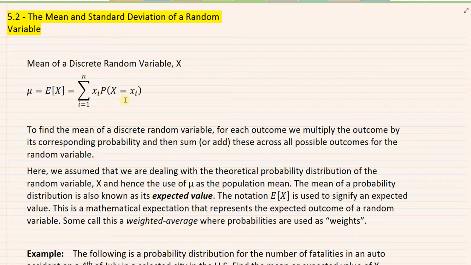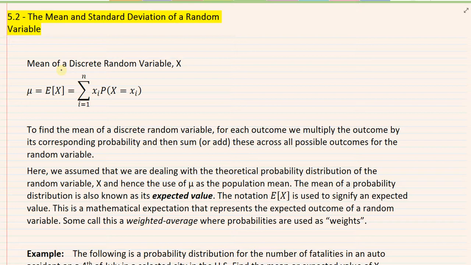And note also, by the way, here I have mu equal E. E here stands for expectation. So the mean of the random variable, we often call the expected value of the random variable. Now the expectation, the way it works in probability, means if you do this process over a long period of time, this is the value of a random variable you would expect to see.